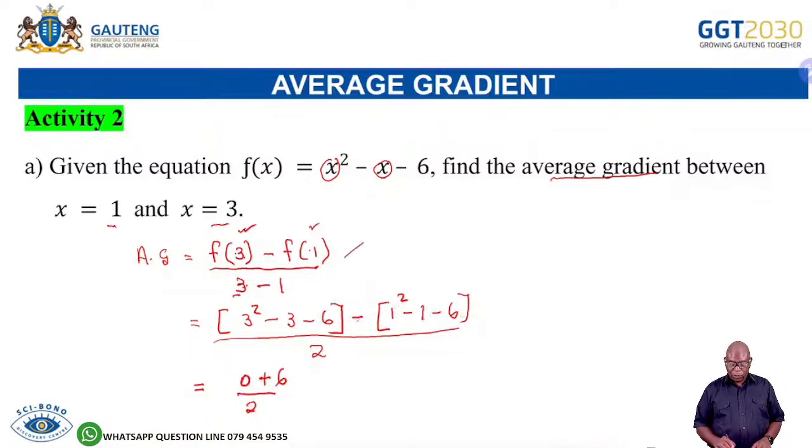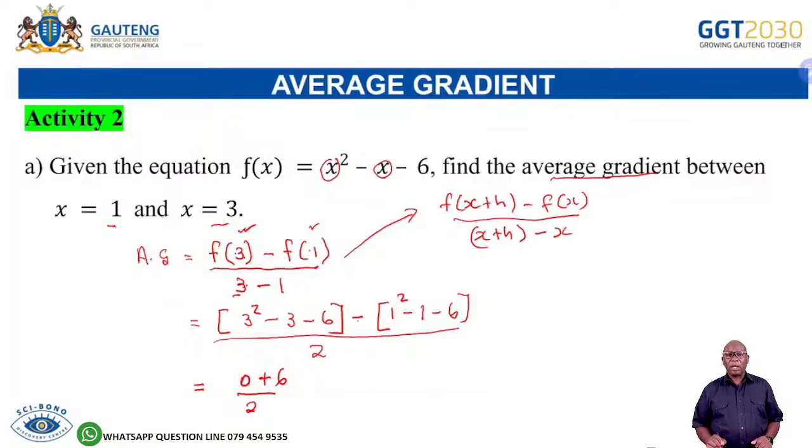So remember that formula is f of x plus h minus f of x, all divided by x plus h minus x. So I can write it like this. I know at the bottom there is going to give me an h, okay? Right, because if I work it out, I'll get f of x over that, and that will be divided by h.